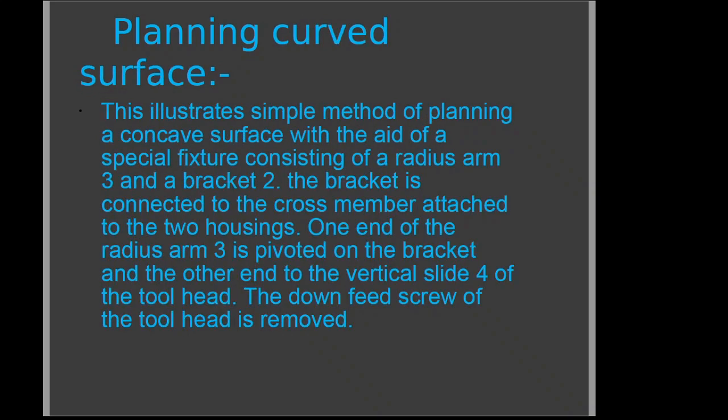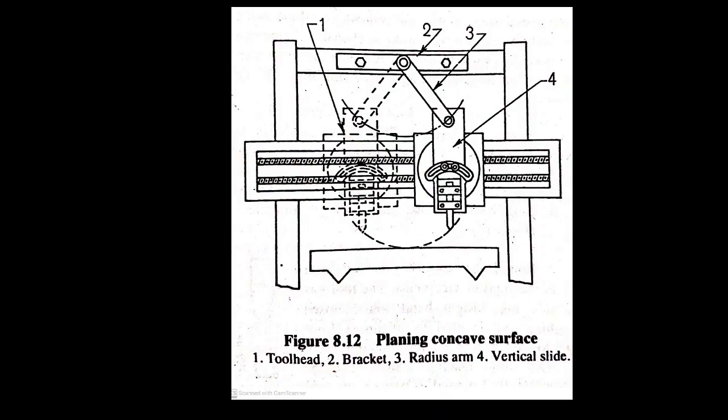For planing curved surfaces like concave surfaces and convex surfaces, special fixtures are used. As shown in this figure, the special fixture arrangement includes a bracket number 2 and the radius arm number 3.